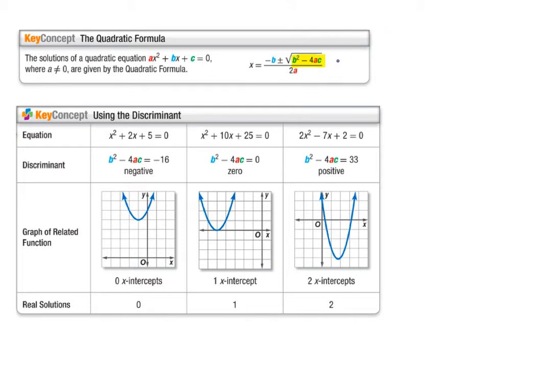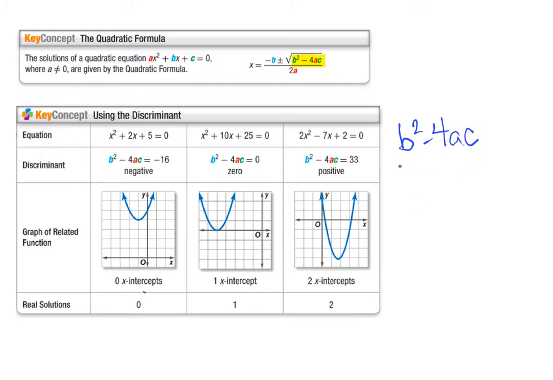That's special because it's going to tell us if there are 0 solutions, 1 solution, or 2 solutions. And these are just real solutions. So it depends on what you get when you do this discriminant, which is just b squared minus 4ac.